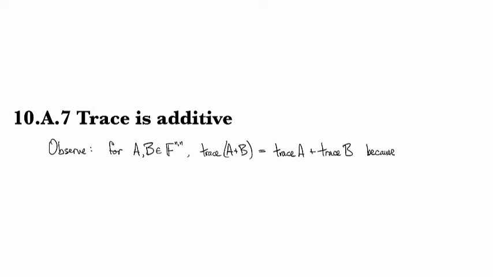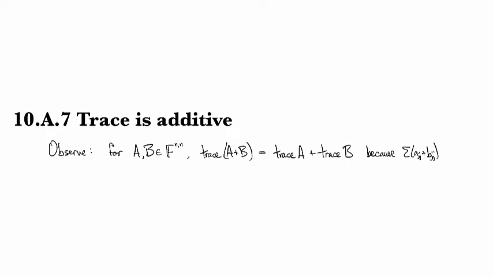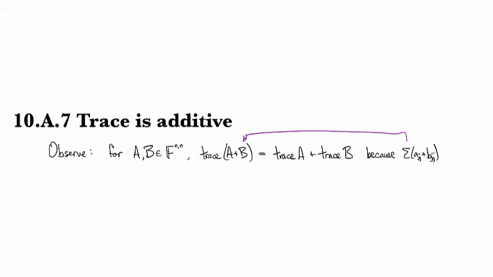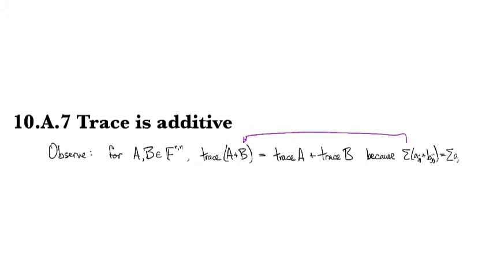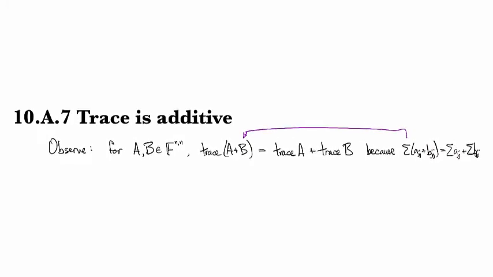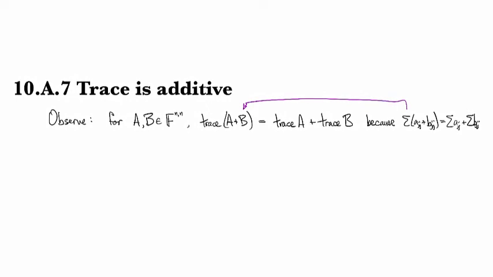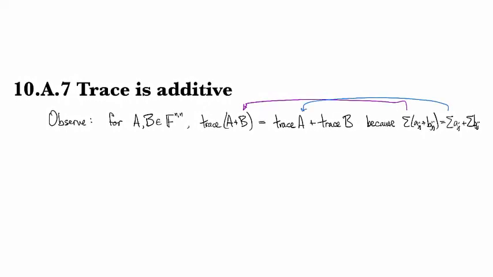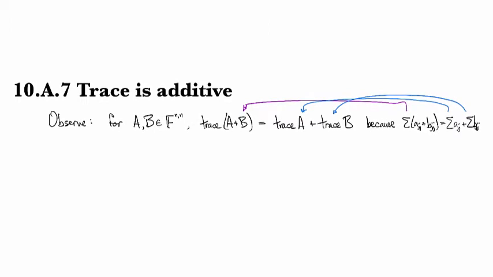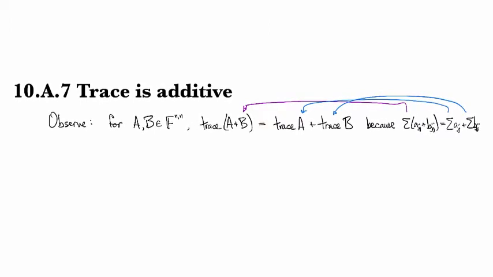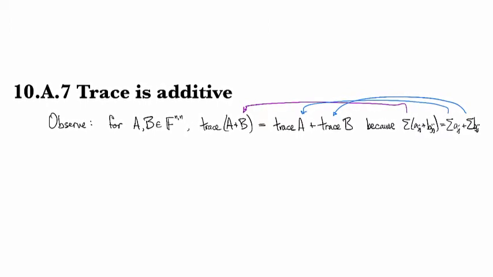So in other words, it just boils down to the idea that the sum of A_jj plus B_jj, which is the thing that you use to compute the trace of the sum, is equal to the sum of the A diagonals and the sum of the B diagonals, which are the things that you use to compute these two, right? So there's no big whoop going on there.